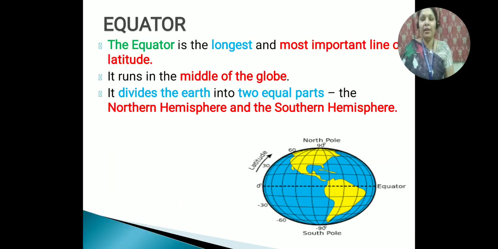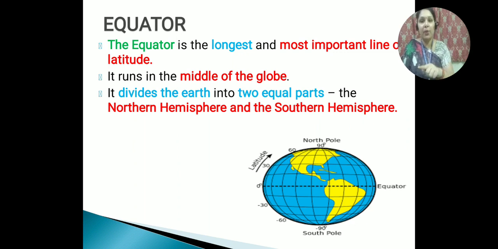Now going further, you are seeing in this globe a middle line, the longest line, the dotted one, which is dividing the earth into two equal parts: the northern hemisphere towards the north side, and the southern hemisphere towards the south side.